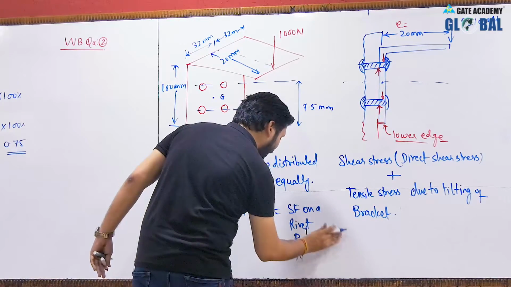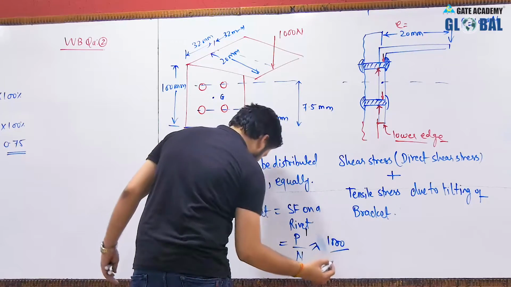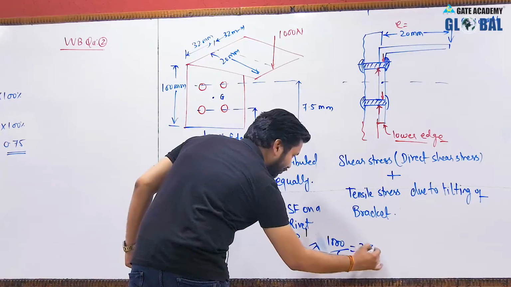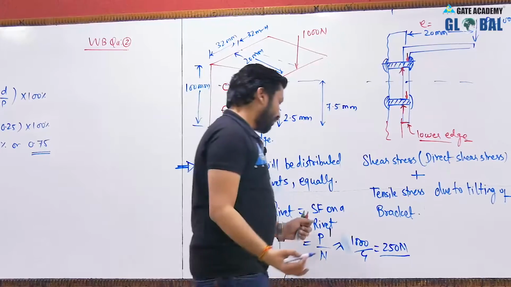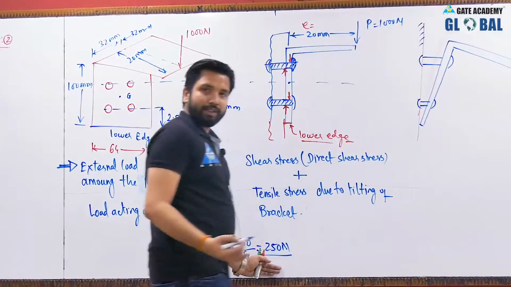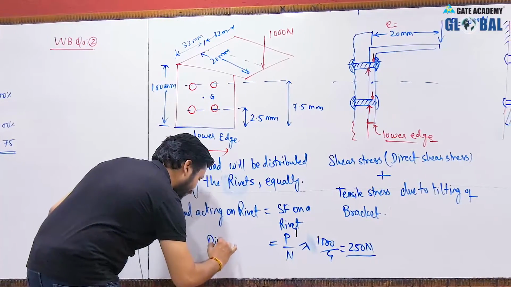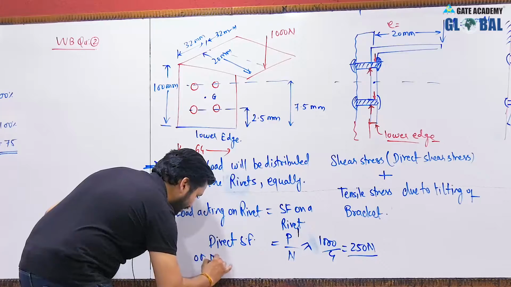So this will be 1000 divided by the number of rivets, that is 4. So each rivet will be subjected to a load of 250 Newton. This 250 Newton is the shear force, or you can say direct shear force, or you can say primary shear force.